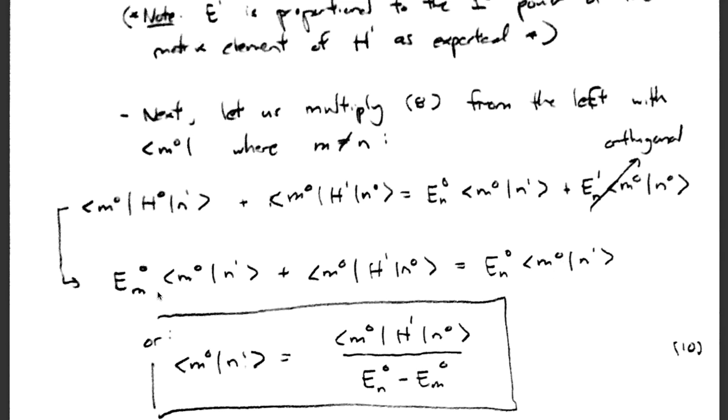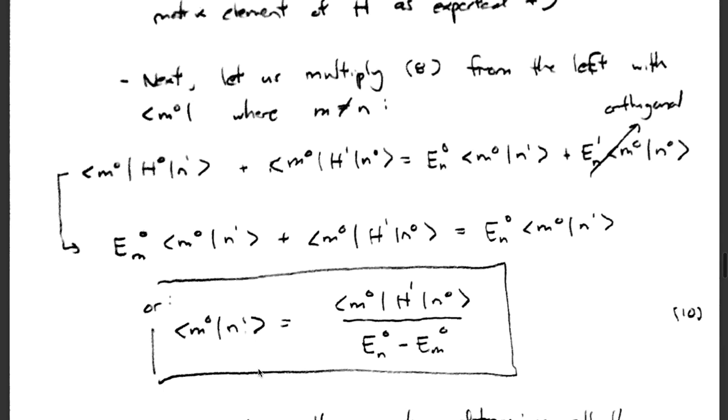So it looks like I'm taking this guy over here, right? And then I have this matrix element, which I don't know yet, but it is a matrix element with respect to the unperturbed kets. So it would be calculable. Okay, so that leaves me with this coefficient M0 and N1.